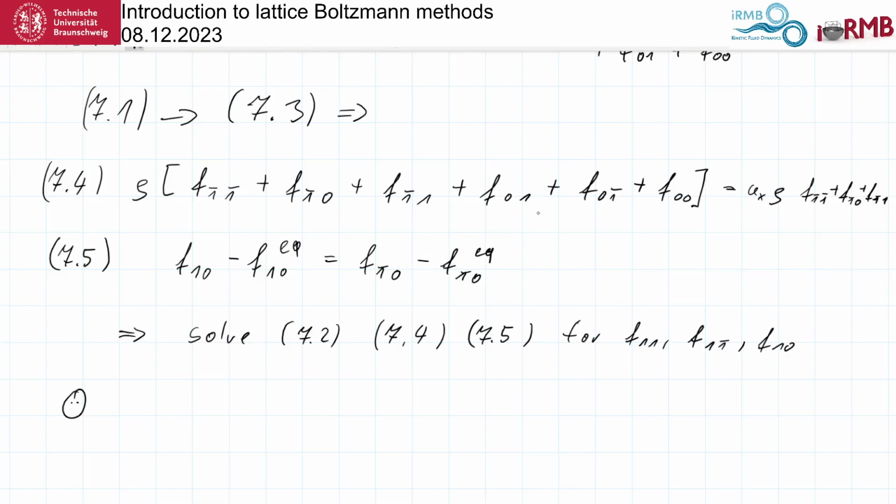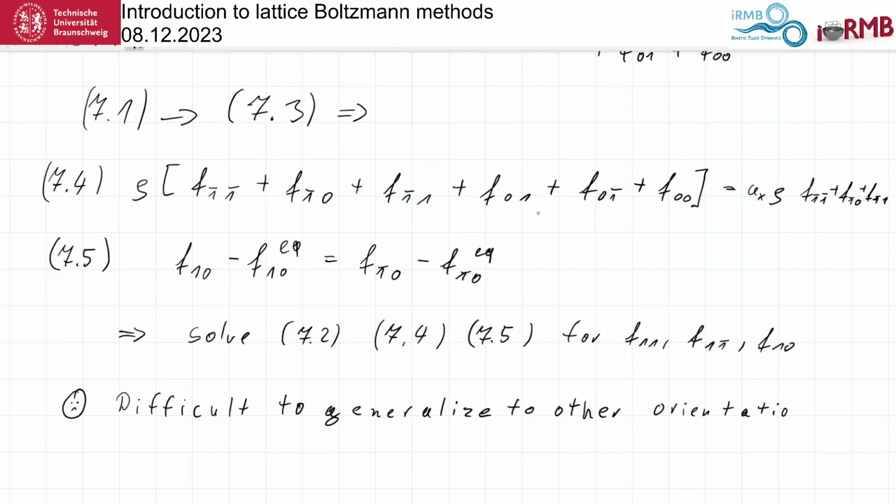Okay, so this is what they did, and the funny thing is this appears in many textbooks, and my observation, even though I'm always telling students in the lecture they should not use this, when I get the homework back, they all say, oh, we implemented Zou-He boundary conditions. Or I don't know whether they implemented or they downloaded it somewhere in an example, because most of the examples out there use Zou-He boundary conditions.